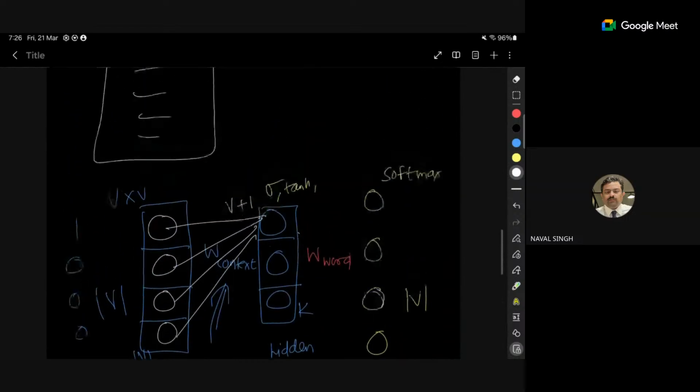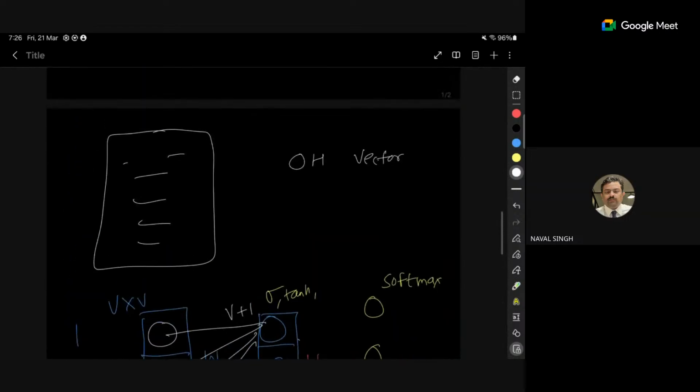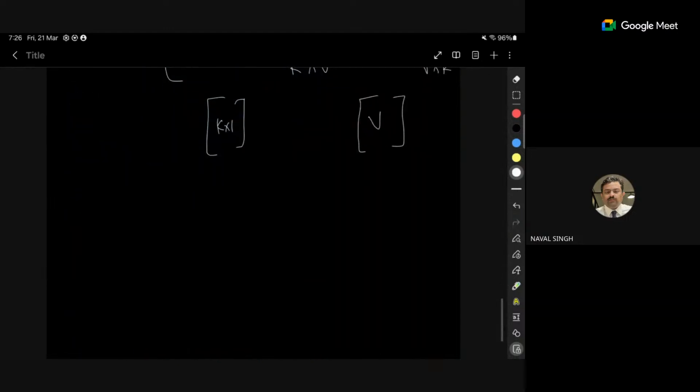The idea is that we want to create X and Y. That is the only new thing, X and Y, that you can create using all the words, the whole vocabulary corpus given to you.